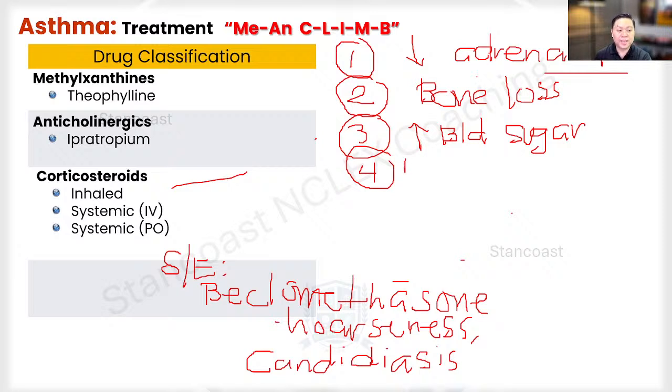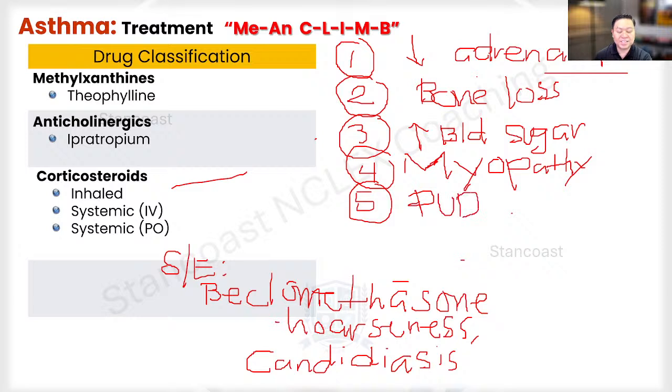There's also myopathy. There will be some form of muscle wasting. And for those patients that are taking the steroids as well, they're going to end up with a peptic ulcer disease because the medication can cause irritation to the gastric mucosa.